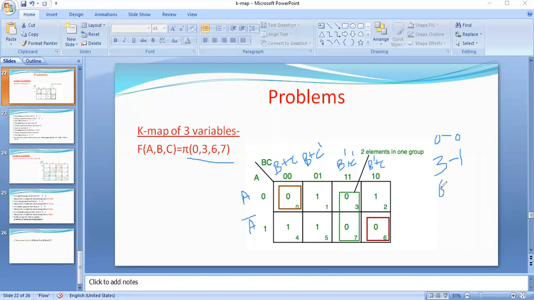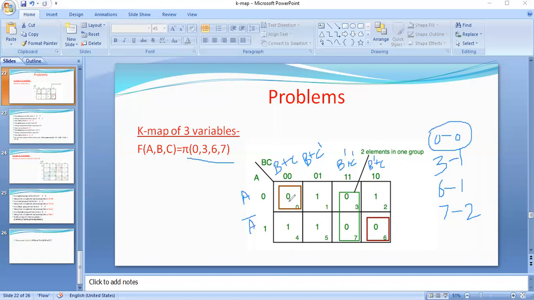For max term 6, only one number is adjacent. For max term 7, two numbers are adjacent. After that, we have to give priority to the least number of adjacencies.